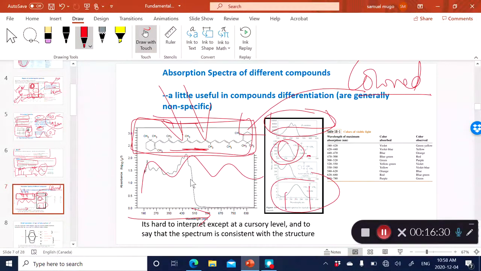And as such, the solution is separation. So in almost all cases, when you're dealing with a very complex sample, you have to do HPLC, with an absorption detector such as a UV detector in the end, so that you do the separation first before detection.